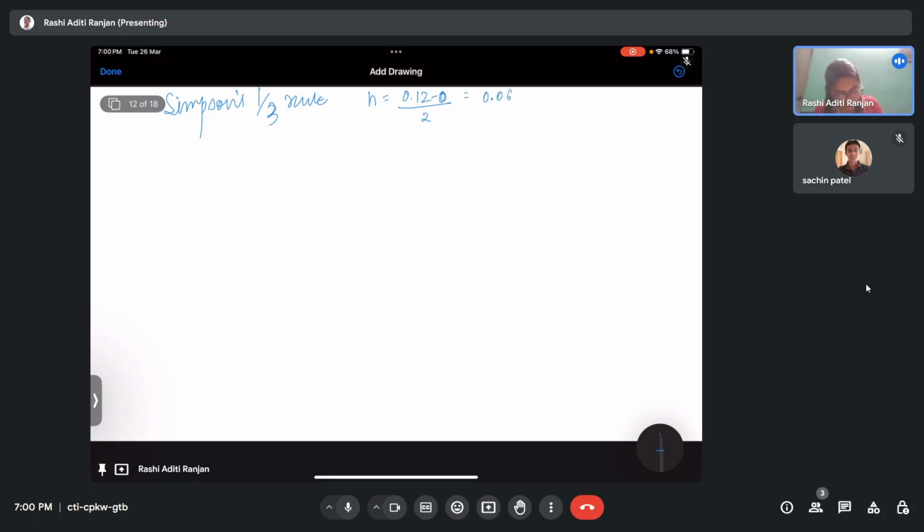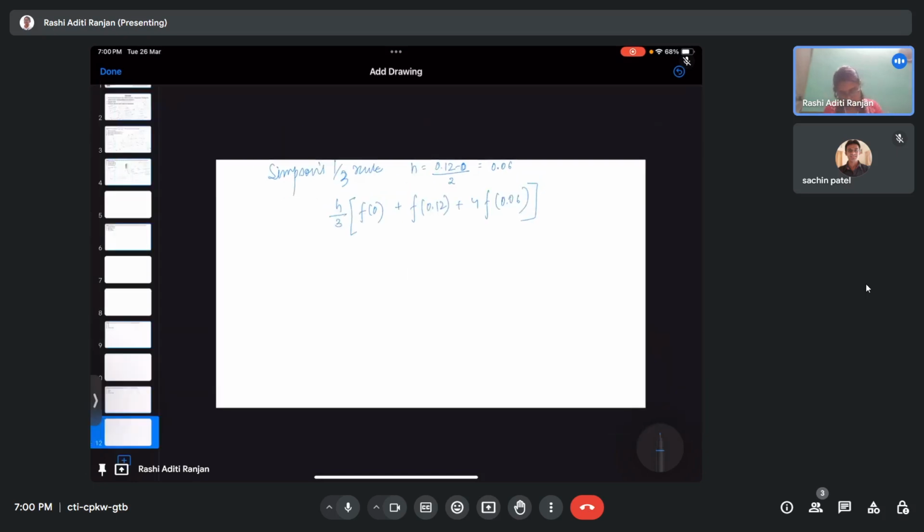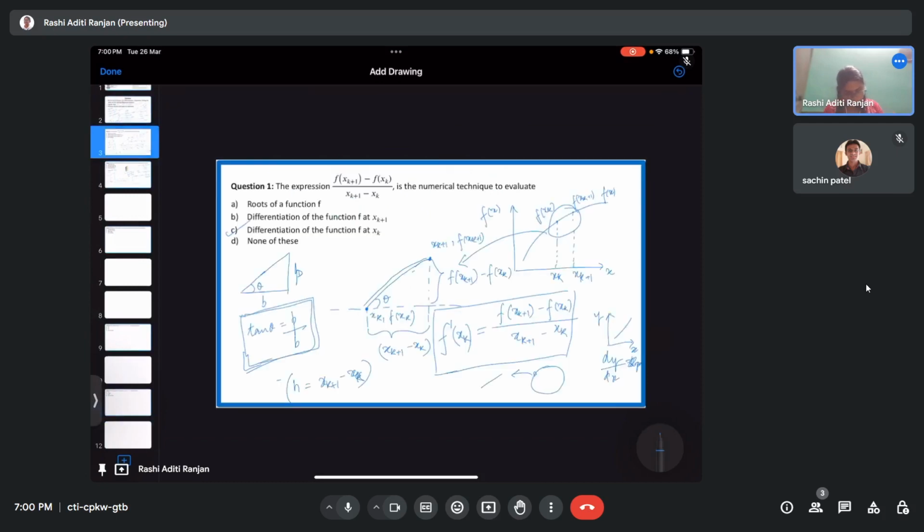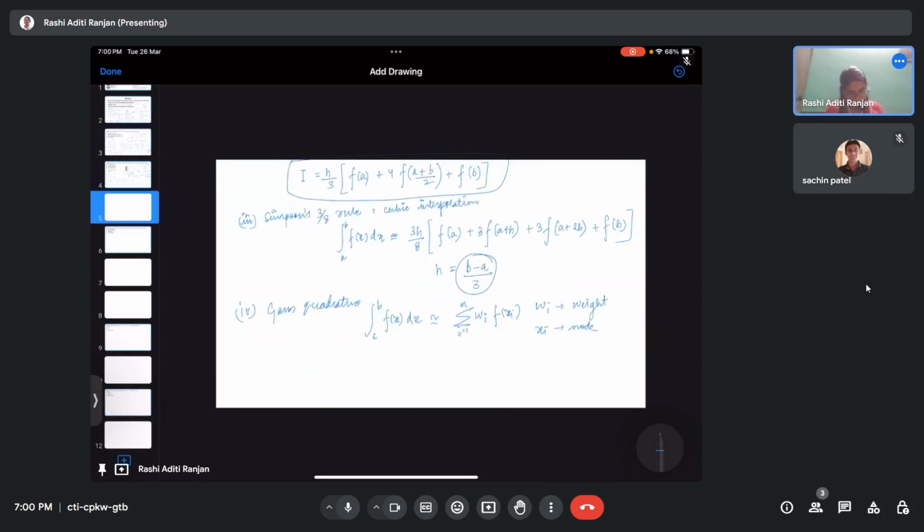So my Simpson's 1/3 rule says h by 3, f of 0, then f of 0.12, and we had 4 times f of 0.06. Correct? This is what I got. Let me just check. Yes, f of a, 4 times f of a plus b by 2, and f of b. Correct.